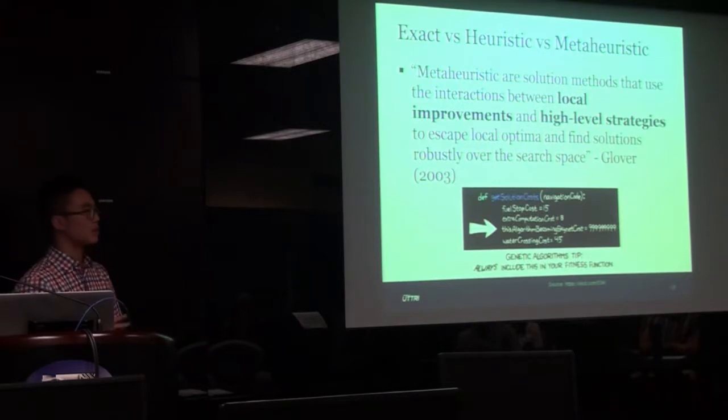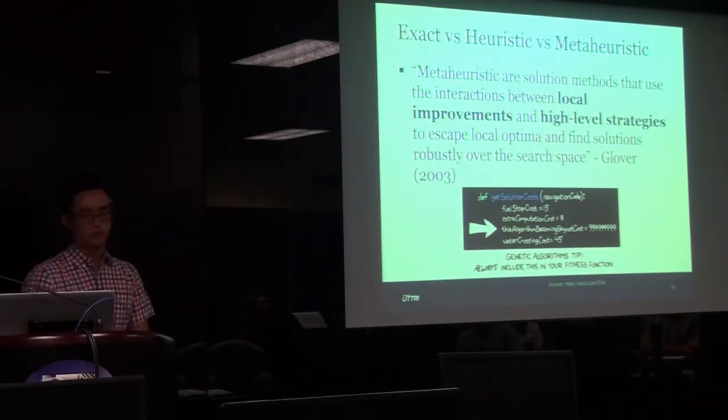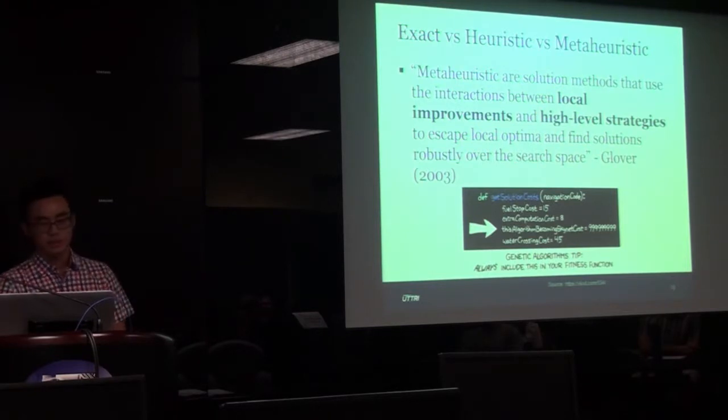It's not dependent on the nature of the problem. And here's just a funny comic from XKCD. It's funny if you do genetic algorithms or understand them, but basically you don't want to mix Skynet.